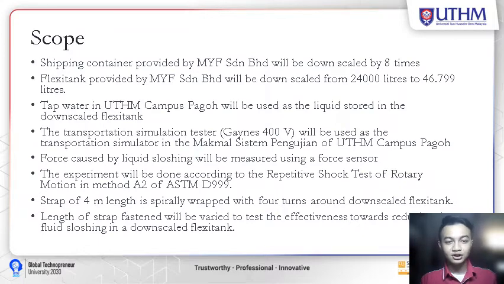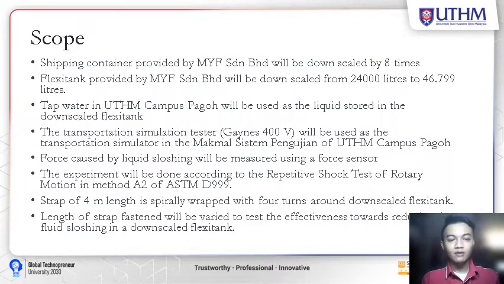The transportation simulation tester will be used as the transportation simulator in the Makmal Sistem Pengujian of UTHM campus Pagoh. Force caused by liquid sloshing will be measured using a force sensor, and the experiment will be done according to the repetitive shock test of rotary motion in method A2 of ASTM D999.